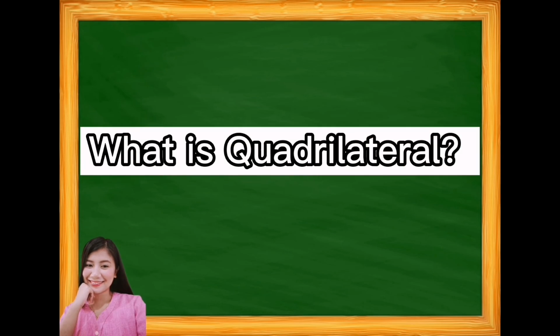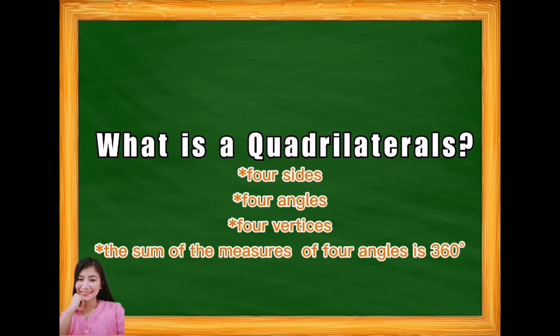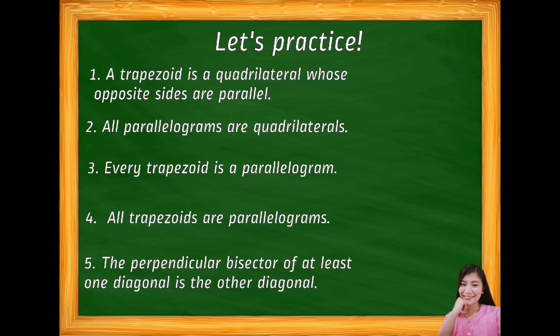Let us recall, what is a quadrilateral again? A quadrilateral has 4 sides, 4 angles, 4 vertices, and the sum of the measures of the 4 angles is equal to 360 degrees. So, true or false? A trapezoid is a quadrilateral whose opposite sides are parallel.